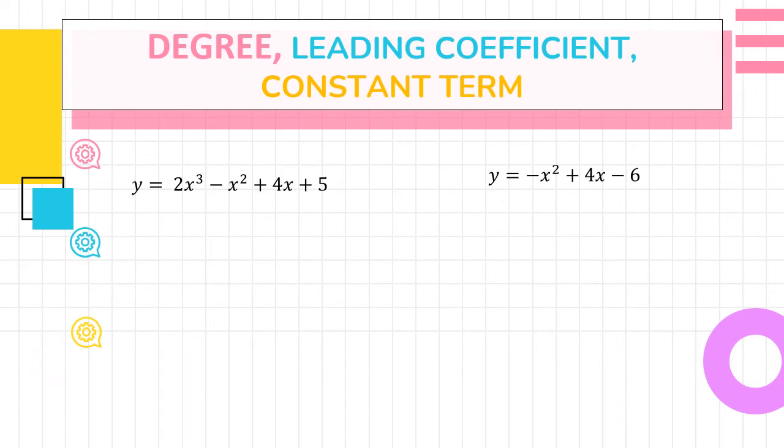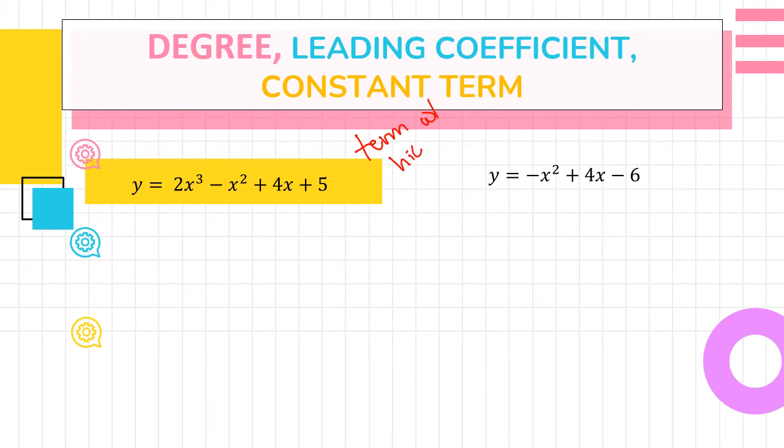Alright. So, our next one is determining the degree, the leading coefficient, and the constant term. Suppose we have these two given polynomial equations. For this one, ang una daw natin ginagawa is to find the term with the highest exponent.